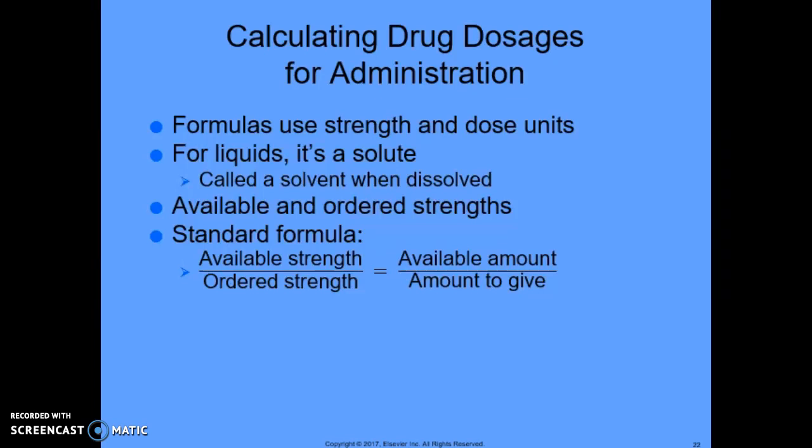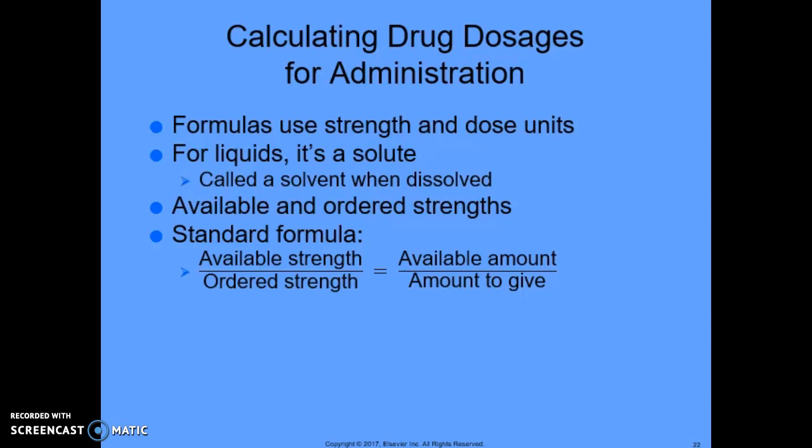So the standard formula here: available strength divided by the ordered strength equals the available amount divided by the amount given. Again, we can also look at this as doctor ordered over doctor on hand times the quantity will equal X. Both of these will be the same.